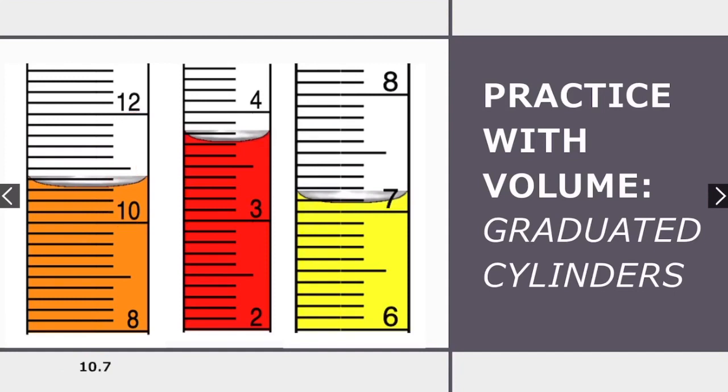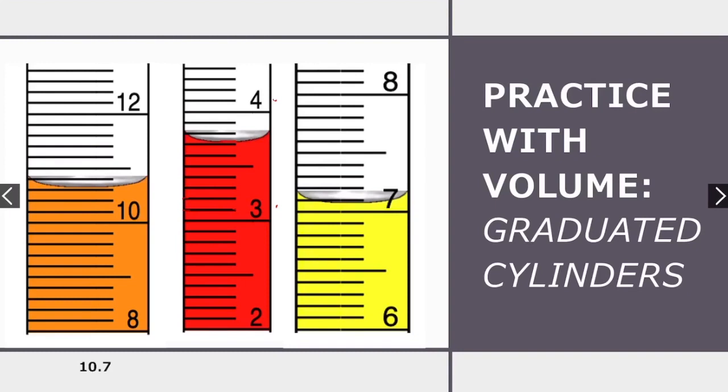All right. And for the second graduated cylinder, the red one, again, I'm reading from the bottom of this meniscus up here, and I'm looking at my scale. So I have 3 here and then 4 here, which means each one of these marks in between represents 0.1 milliliter, so 1/10 of a milliliter.